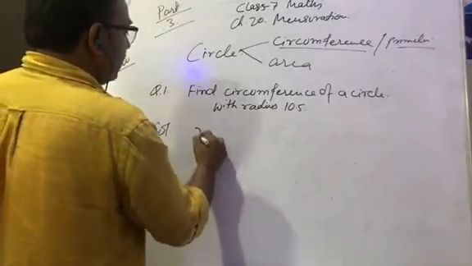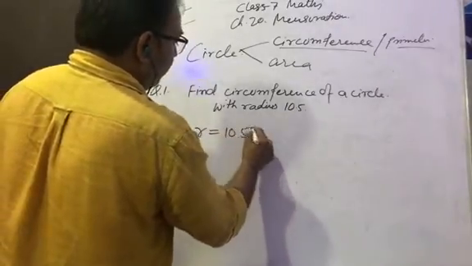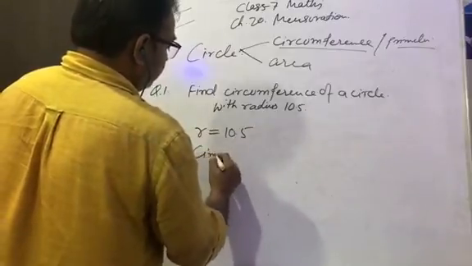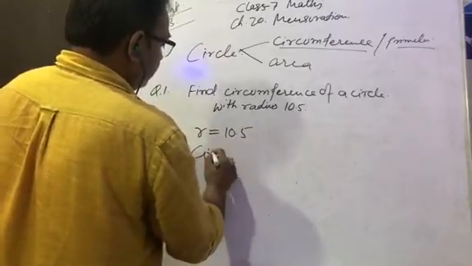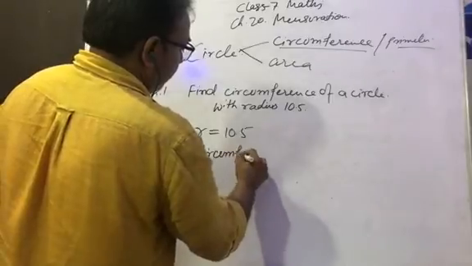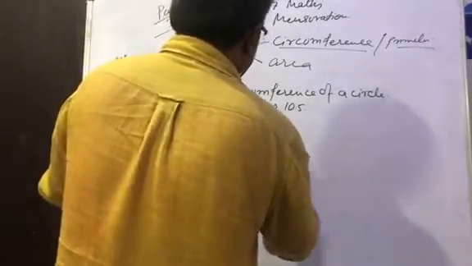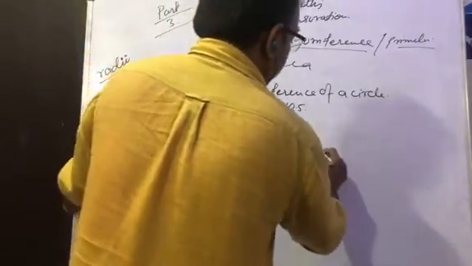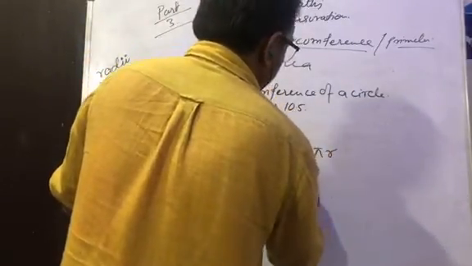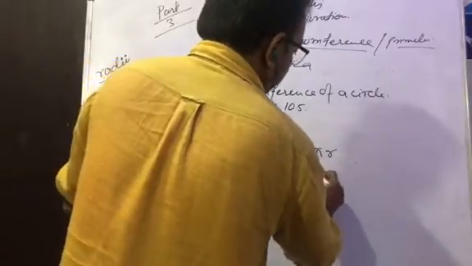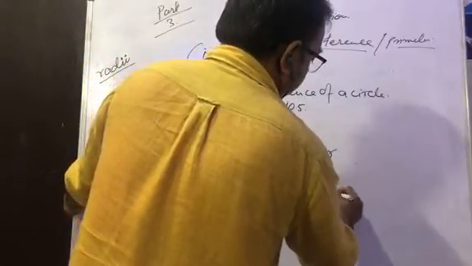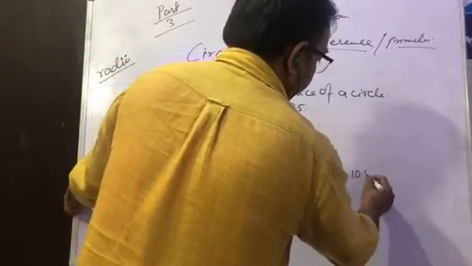Solution: radius is equal to 10.5. So circumference is equal to, the radius is given, so you can use 2 pi r. So 2 pi r means 2 multiplied by 22 upon 7 multiplied by 10.5.